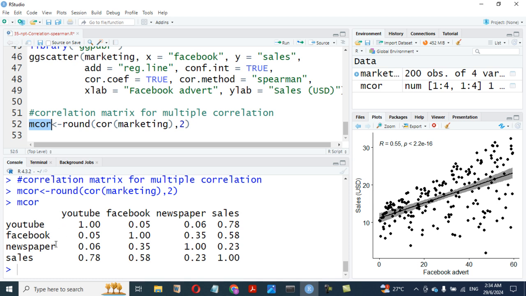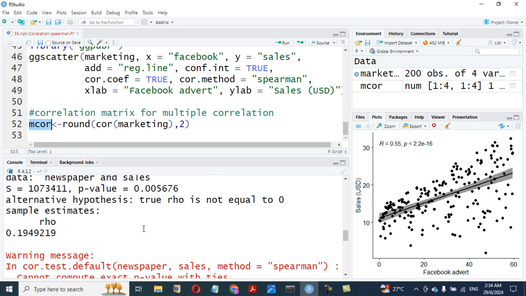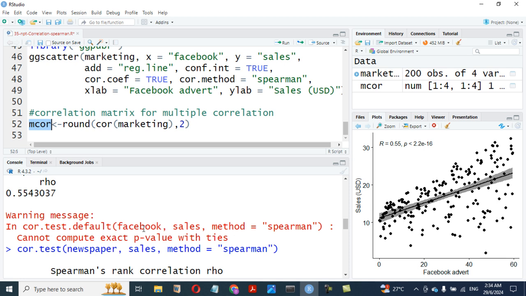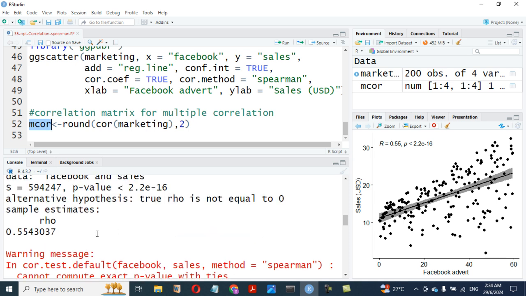So you can see this is called multiple correlation. So you can just trace it. We have 0.78 here. When we did it the other time, what was the number? Our estimate before was 0.55.